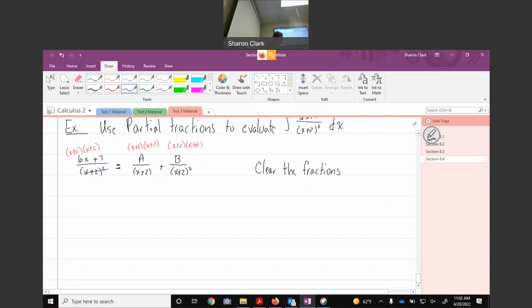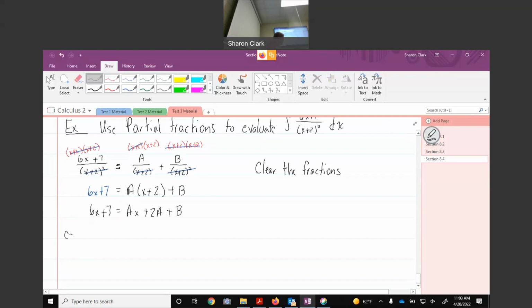One of those cancels, and both of those cancel. So I have 6x plus 7 equals A times x plus 2 plus B. So 6x plus 7 equals Ax plus 2A plus B.